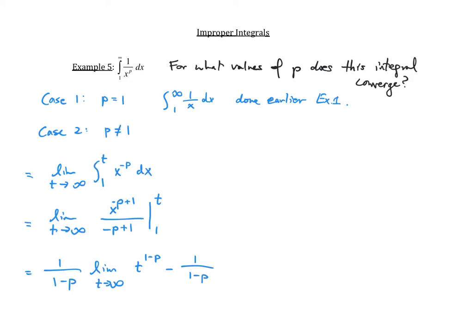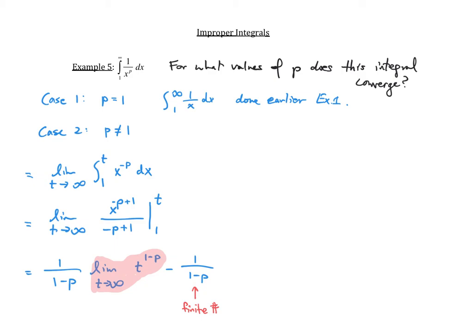Okay, so this part comes from substituting in t. This part comes from substituting in a 1 for x. So this second number here is just a finite number. It's not going to affect whether your integral converges or diverges. So the part that we really need to study is this limit piece. Does this limit piece converge or diverge?